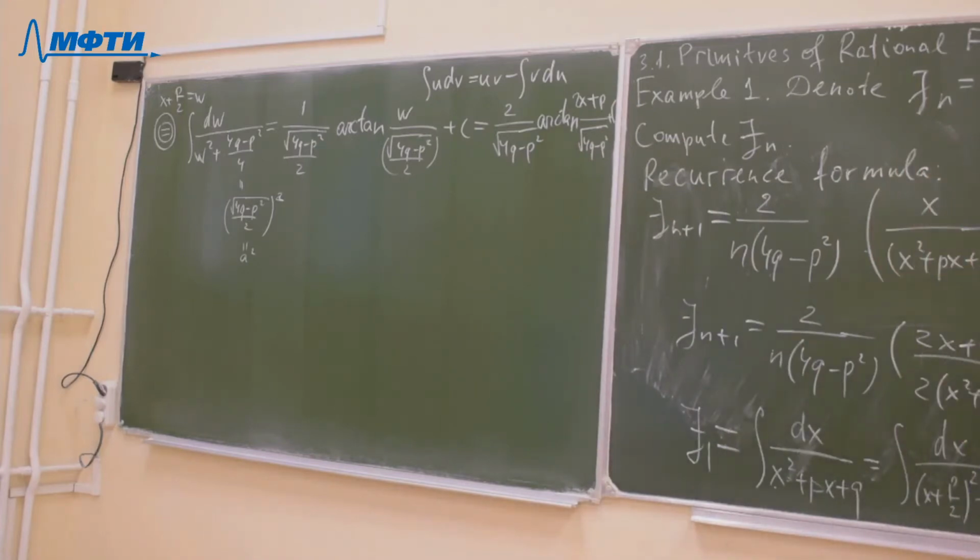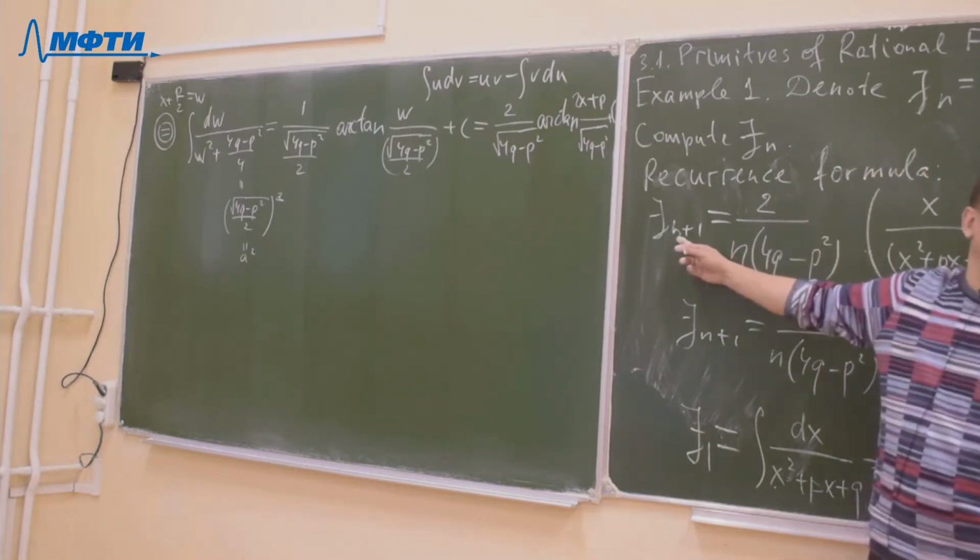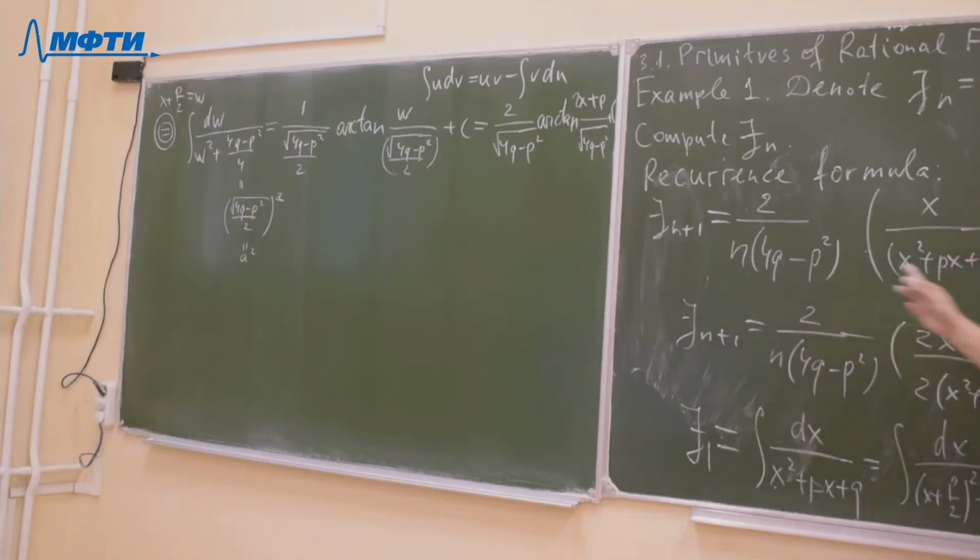So you see, we start with j1, it is written explicitly, right? Then if we want to compute j2, we substitute n equals 1. It gives j2. Once we have j2, we can compute j3 and so on, right?